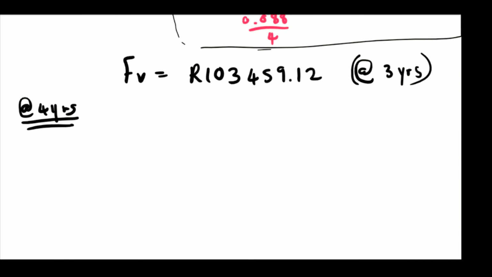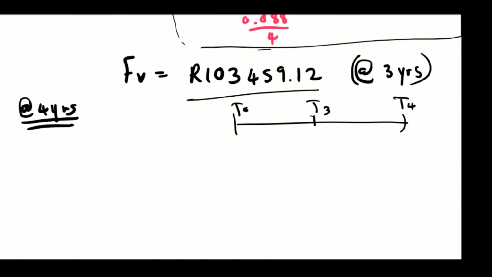So this future value is going to experience some growth from 3 years to 4 years, which is basically 1 year, because if you write the timeline, it's T0 and then T3 and then T4. The difference between T3 and T4 is just 1 year, so we're focusing from T3 to T4, right?